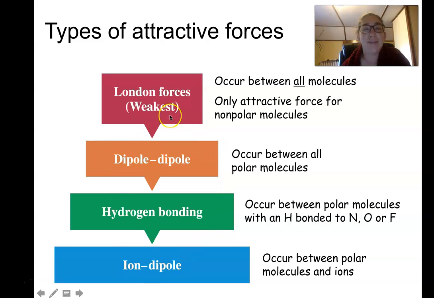I just like to include the attractive forces here. Okay, so London forces are the weakest type, and we'll talk about what they are. This is a good sort of cheat slide. You might want to star this slide as a good way to remind yourself of all of these different types of attractive forces. So we'll go through them all in detail, and then I'll come back to this sort of summary slide.